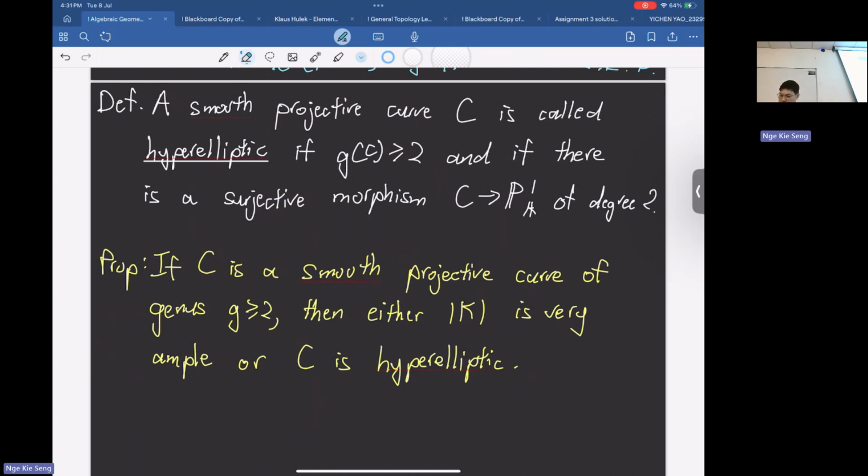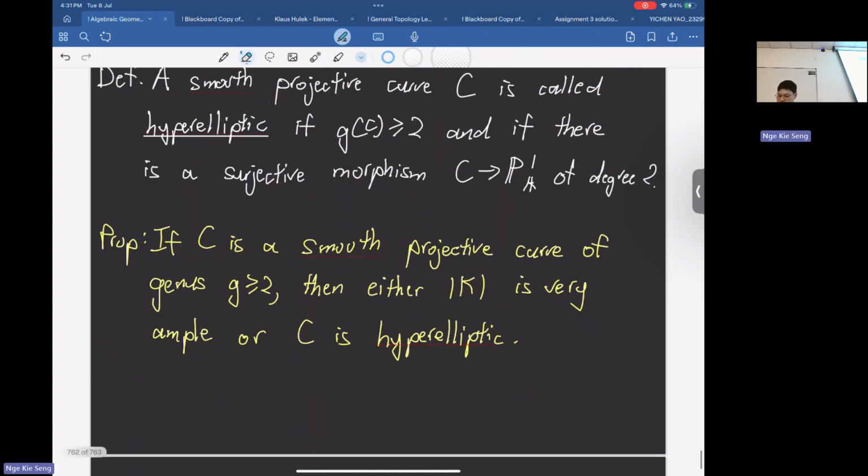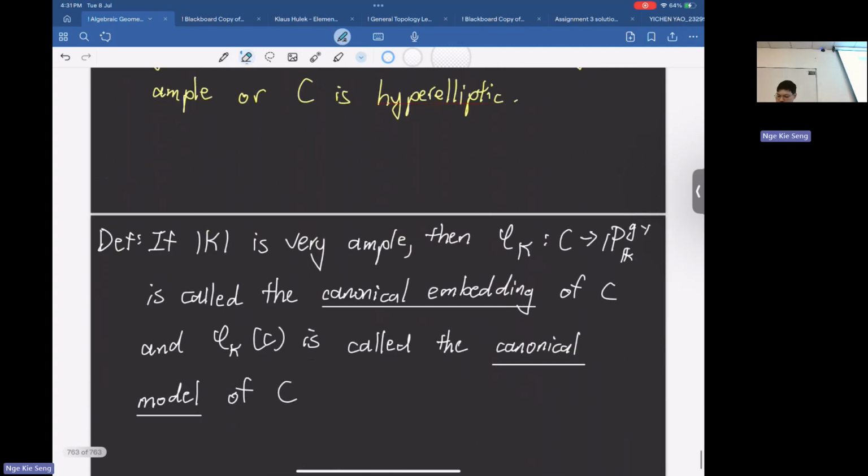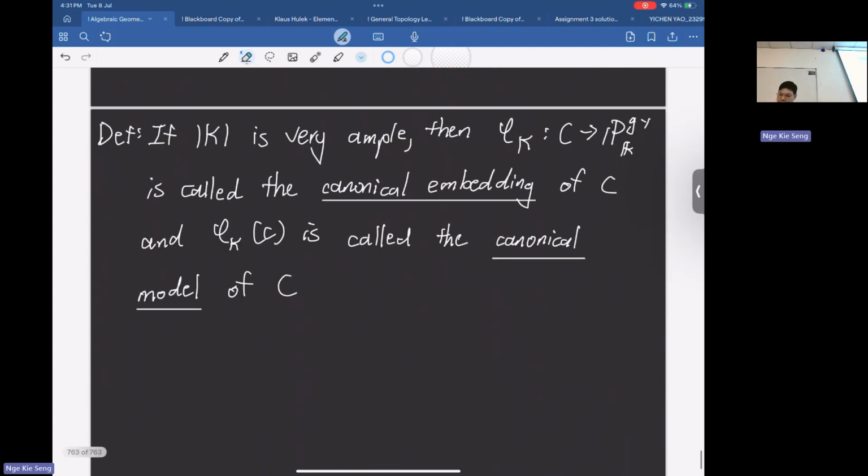So this is like a classification of what could happen with a genus 2 curve. If K is very ample, then the embedding defined by this complete linear system is what we call the canonical embedding, and this image will be called the canonical model.